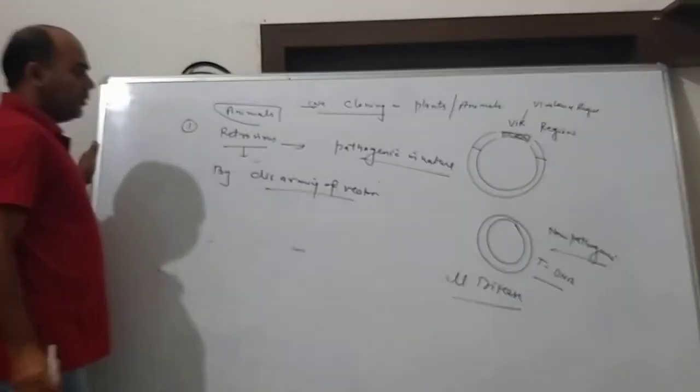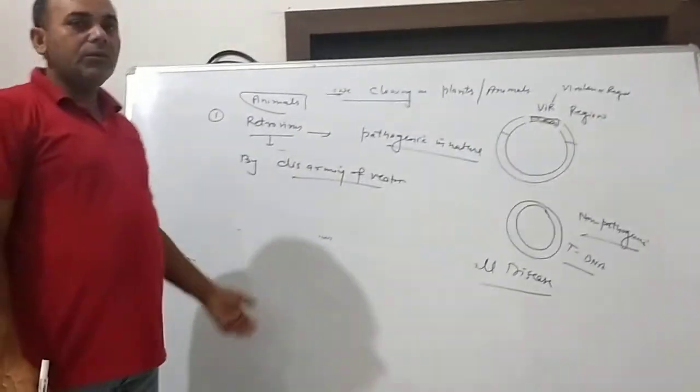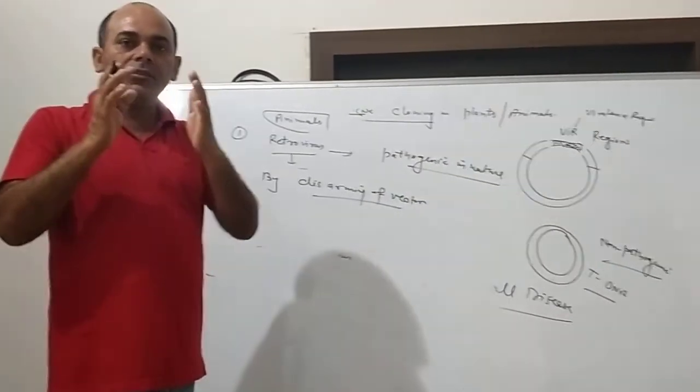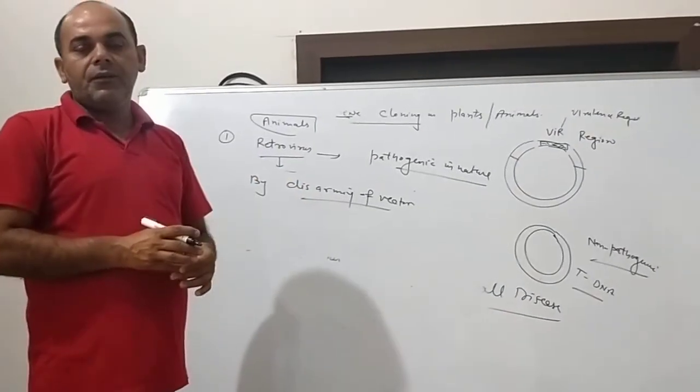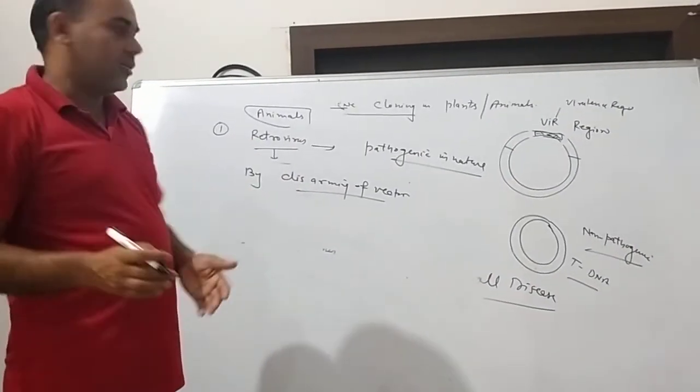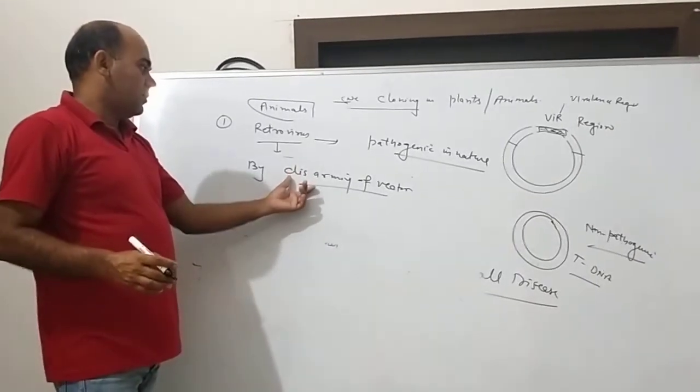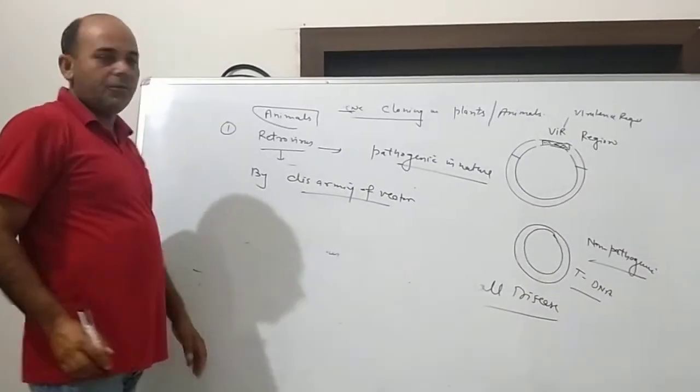What is disarming? The removal of the pathogenic part of the vector, so that we can make the vector non-pathogenic. This property is called disarming of a vector.